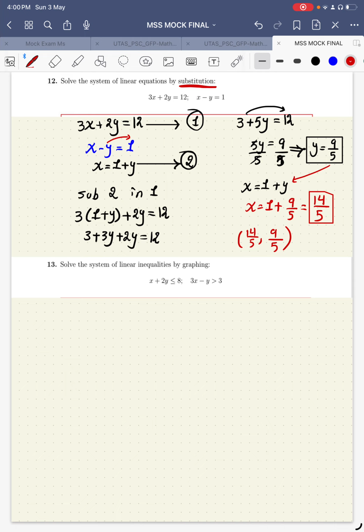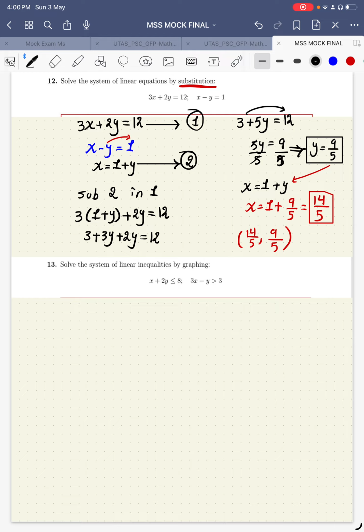Solve the system of linear inequalities by graphing. So how are we going to solve this one? Remember, my golden step here is always to put y on one side and everything else on the other side. So I'm going to put y on one side.